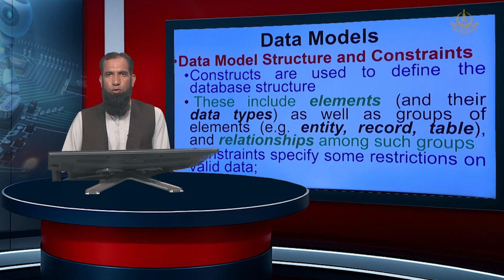Groups of elements include higher level structures such as an entity, a record, or a table. Data models also define the relationships among them. These relationships are one-to-one, one-to-many, many-to-many.